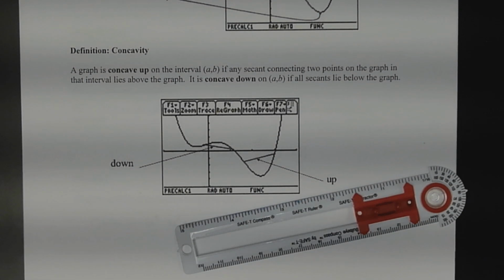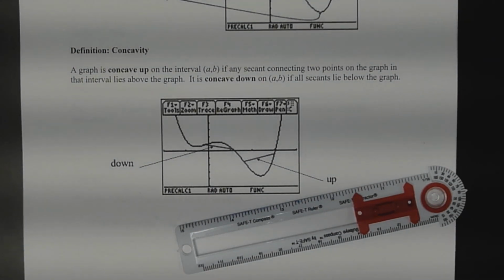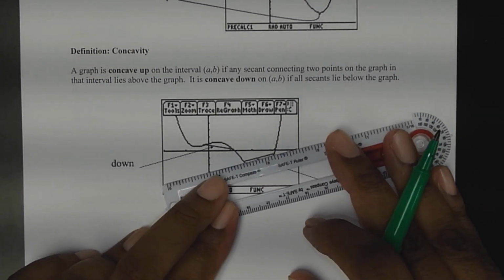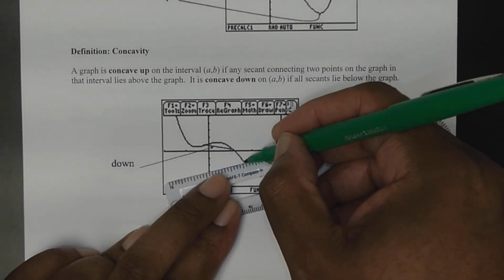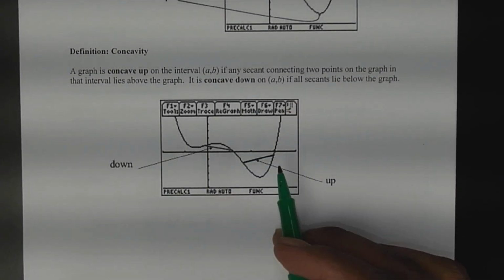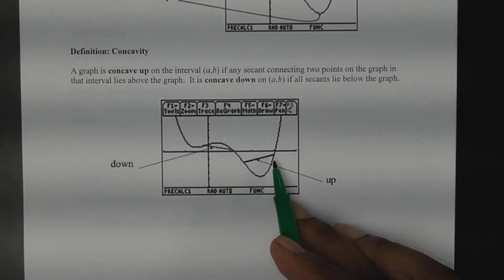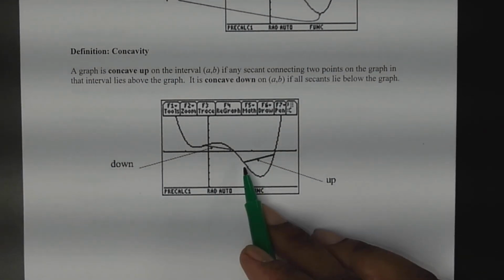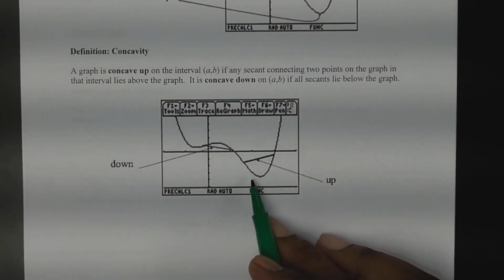See right here, there's the secant line, and I'll outline that in color. That secant line, of course, is just a line that connects 2 points on the graph. That would be concave up, because notice that the secant line is above the graph.